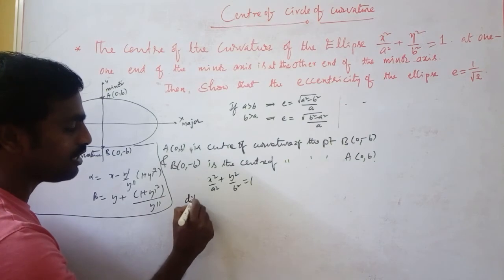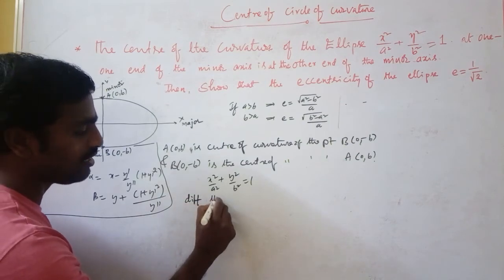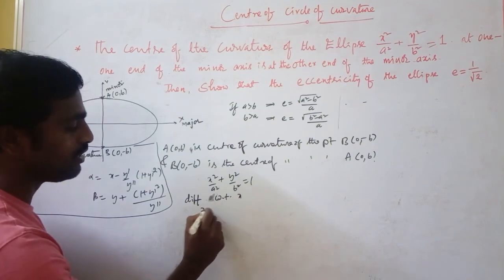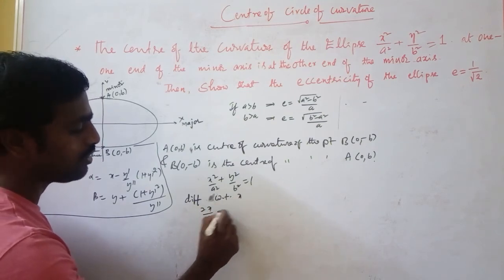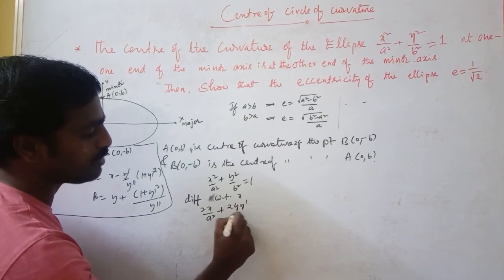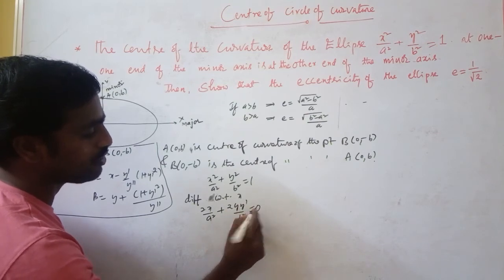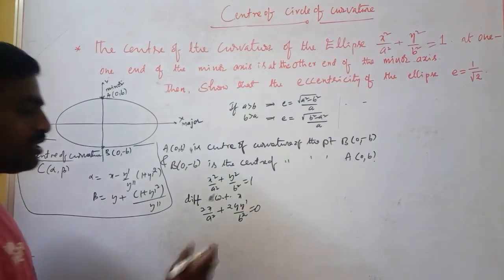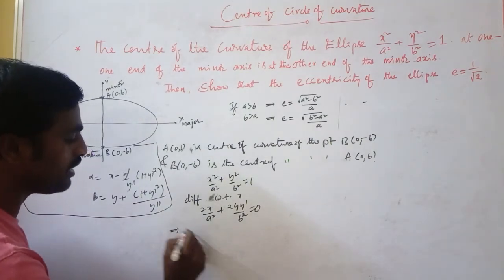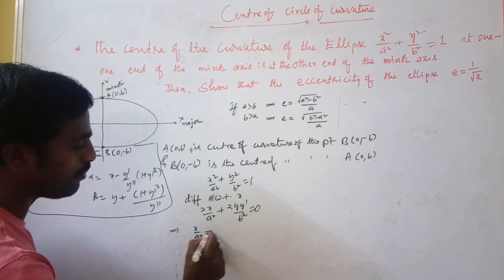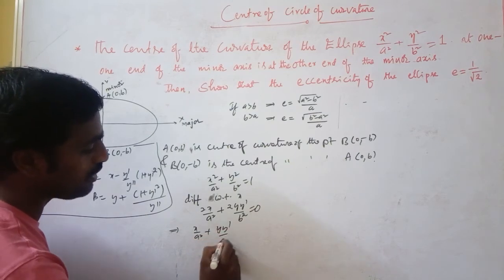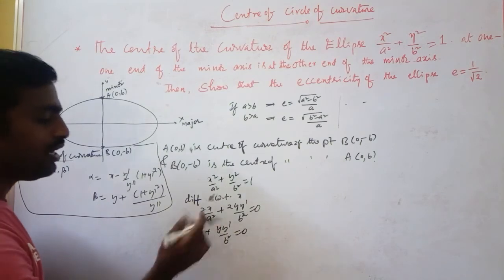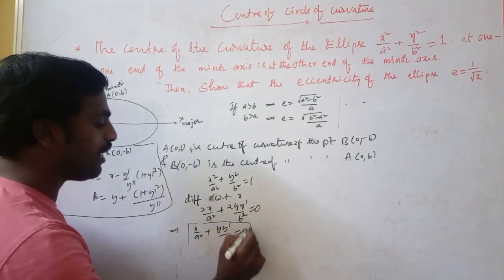Differentiate this equation with respect to x. So finally 2x by a square plus 2y y dash by b square equal to 0. Simplify that: after simplification you get x by a square plus y into y dash by b square equal to 0. I require only the first order derivative, y dash.